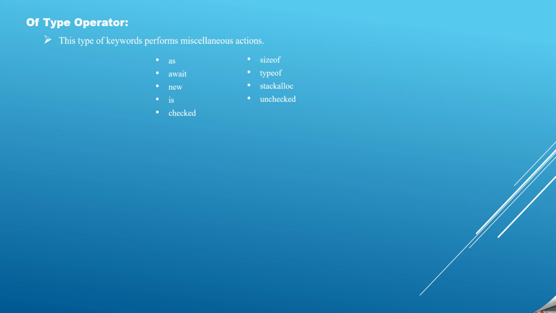And typeof gets the type of a particular input or member you are working with. Let's suppose there is a variable x of type int, and you go for typeof x. Just check the magic of what happens, right? So let's move on. These are the operator type keywords, so we have categorized them within operator keywords.